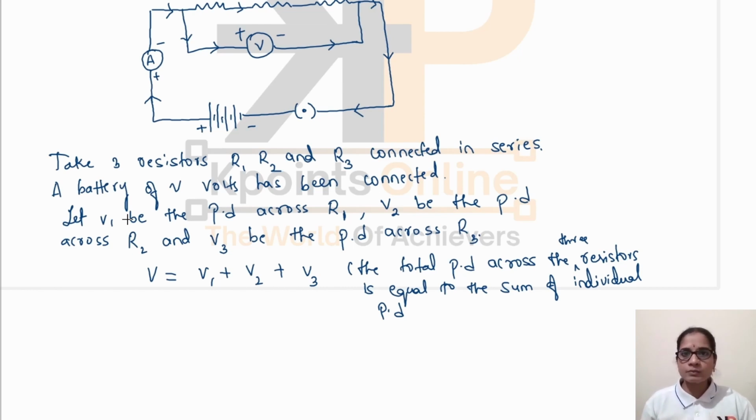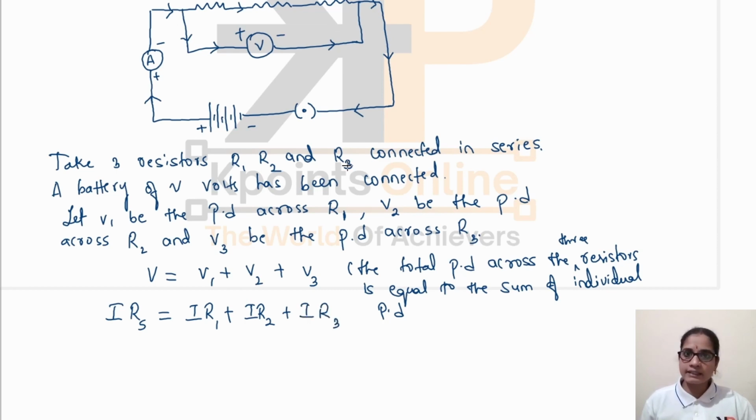Then applying Ohm's law to that circuit, we get V is equal to I Rs, where Rs is the equivalent resistance. Applying Ohm's law for each resistor, we will get V1 is equal to IR1, V2 is equal to IR2, V3 is equal to IR3.